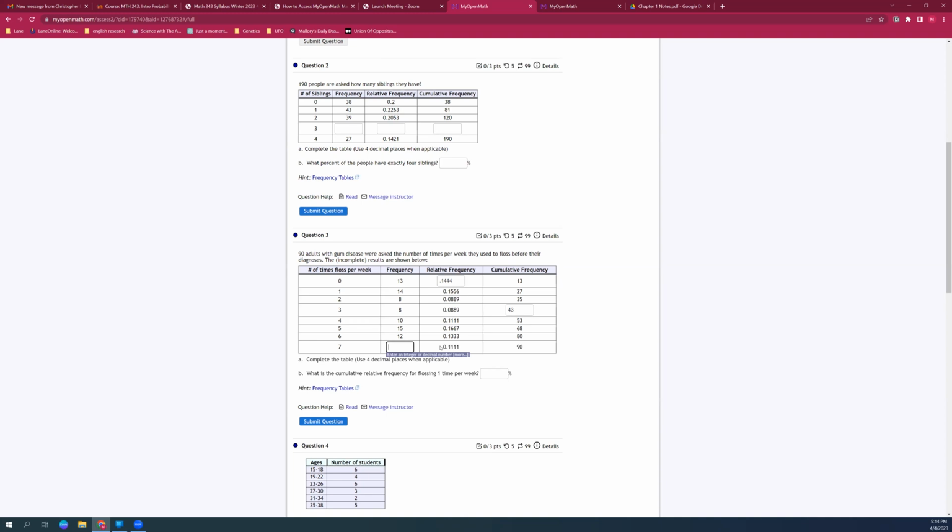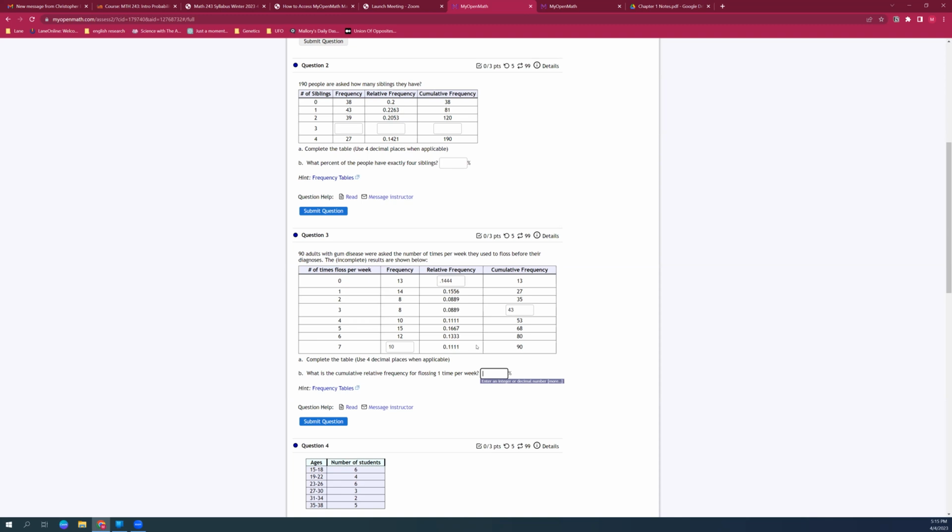10. Yeah. Okay. And then cumulative relative frequency for flossing 1 time per week. So you're going to add, not all those up, the first 2 numbers in this third column there. Yeah, I had to add the first 6 numbers because mine was cumulative for the 5 times per week.